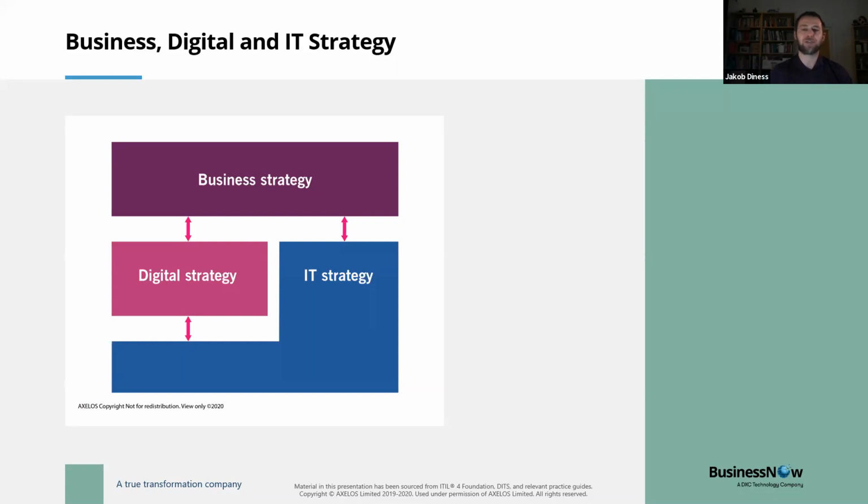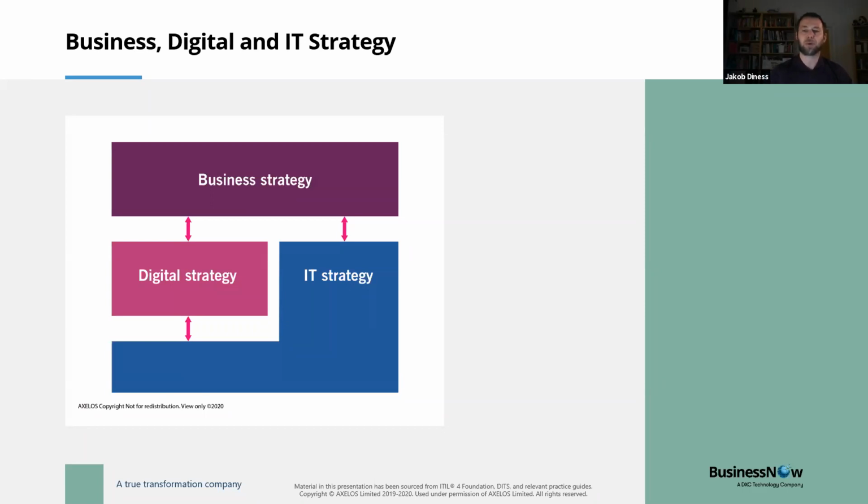This picture is very much what was found in ITIL 3 and may also be taught at various schools, that you see the business strategy as an overlying strategy, something that you do first, and you see the digital and IT strategy as separate entities that may underpin the business strategy. Something that the IT is doing. Okay, they can do their strategy, but we in the sales or strategy department, we do the business strategy. In that way, you have a very clear division.